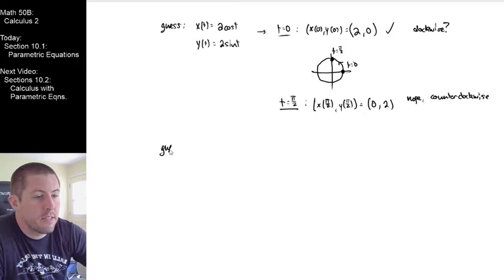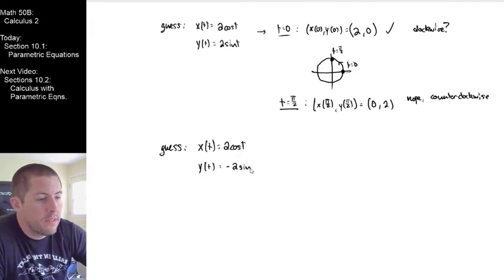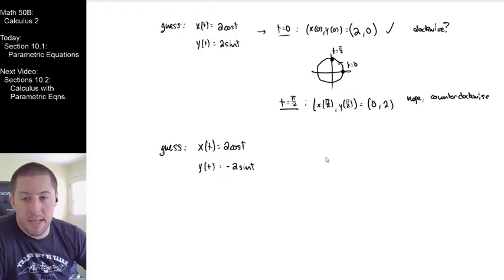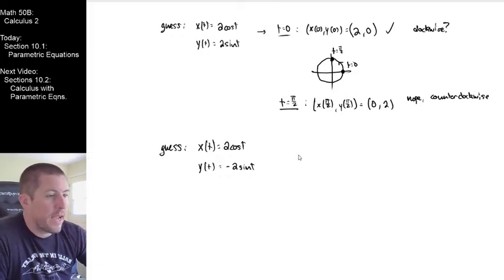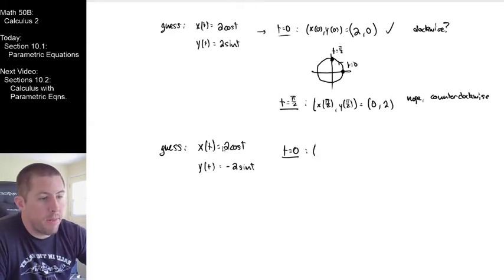So my new guess is going to be x of t equals 2 cos t, and y of t is going to be negative 2 sine t. I'm still getting a circle of radius 2. I can now confirm that at t equals 0, when I plug in 0, I'm still getting 2 and 0.